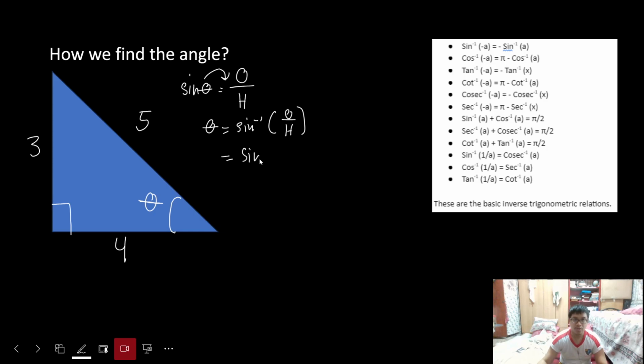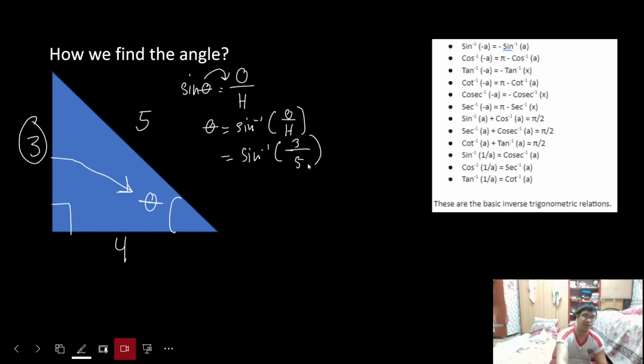Your O is your opposite side. 3 is your opposite side because remember that the opposite side is the non-adjacent side, or it's not beside the angle here. So we will have 3 over your hypotenuse, which is your 5.